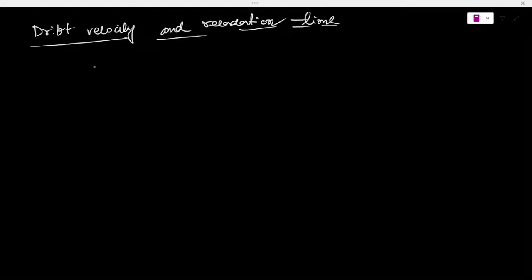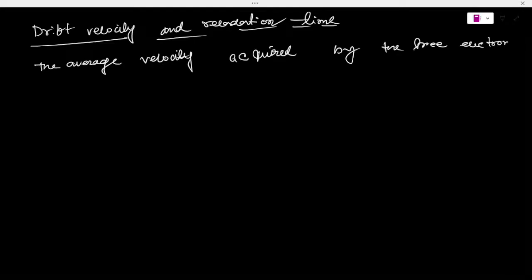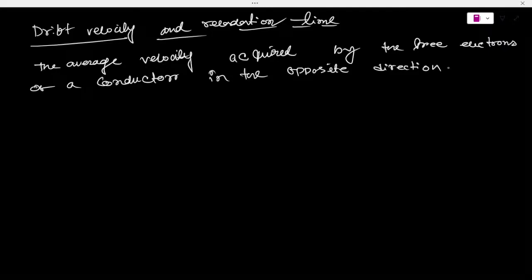The average velocity acquired by the free electrons of a conductor in the opposite direction of the externally applied electric field is called drift velocity.